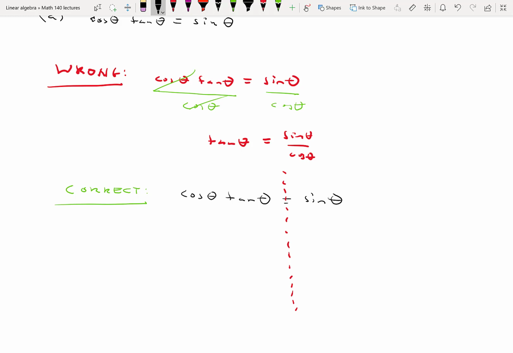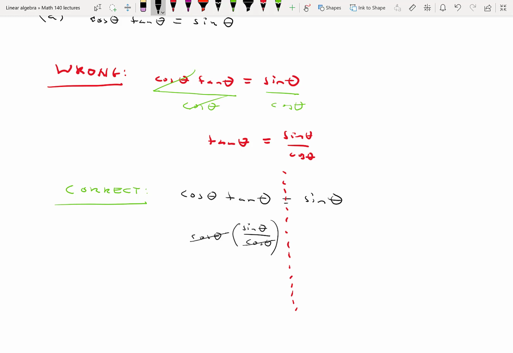Okay. So how do you do that? Well, you get to assume all of the identities that you've learned in the course are true. And this is part of what makes this difficult: you have to remember the identities. So you are allowed to assume, for example, that the tangent of theta equals sine of theta over cosine of theta. And then you use some algebra to finish things up.